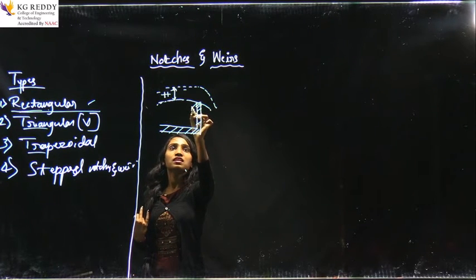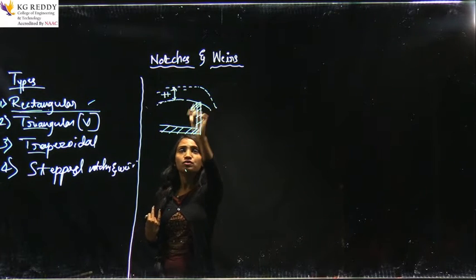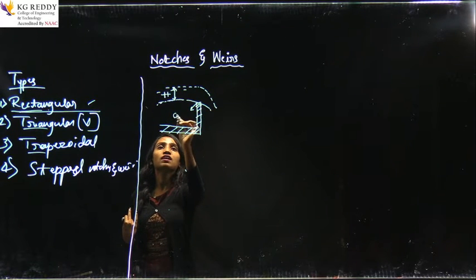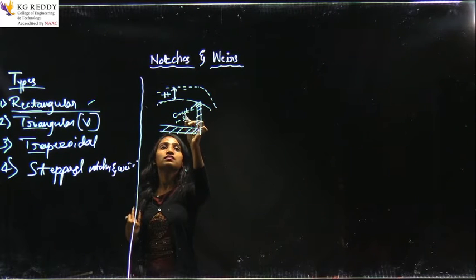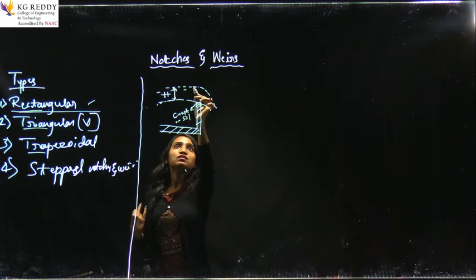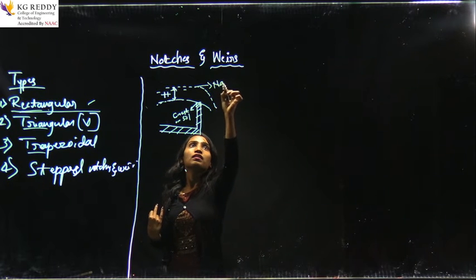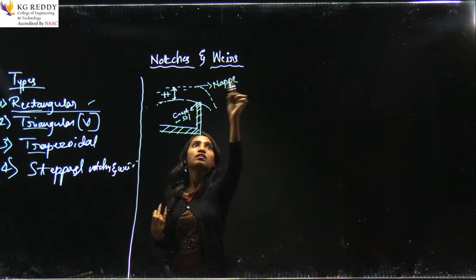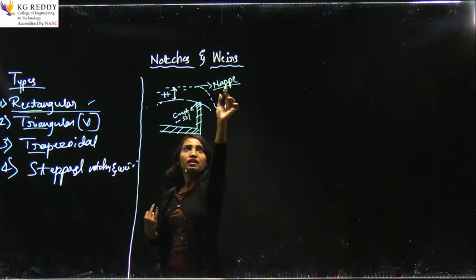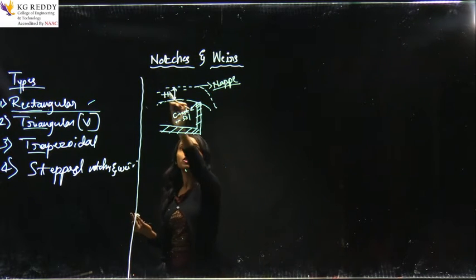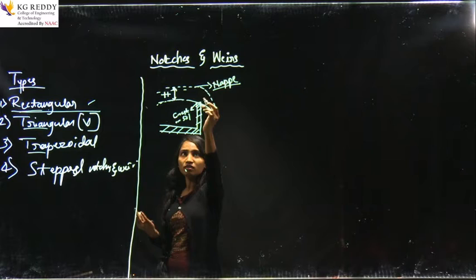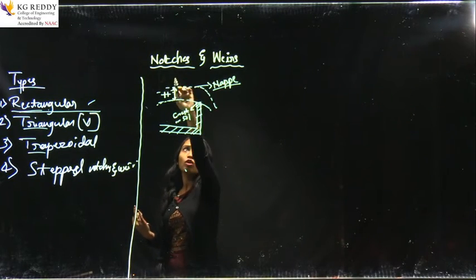And this part of the structure we call the crest or sill, and this we call the nappe. The nappe is the water sheet flowing over the structure, the notch or weir.